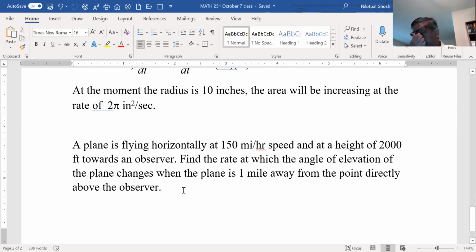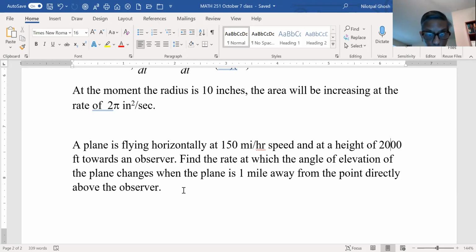Now, again, I repeat this thing. If you, for instance, have any difficulty about what is angle of elevation, suppose you forgot, you're supposed to know that. Or how many feet in a mile, or how many seconds in an hour. People generally know these things, but you are not being tested on your knowledge of those things. You can ask me, I will tell you in a moment exactly how many feet in a mile.